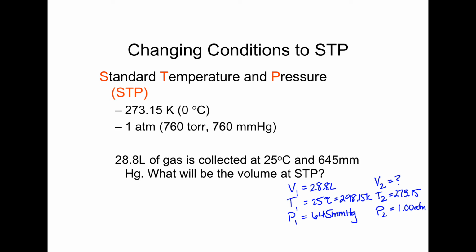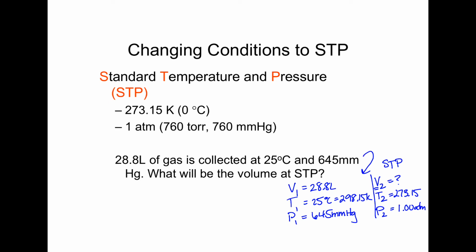What I did here is I just, again, cleaned it up. I put my variables in a little table here. I gave myself an initial set of conditions, and then I put my final set of conditions over here. This represents standard temperature and pressure. I'm looking for the new volume. We need to make sure that our units are the same on both sides.